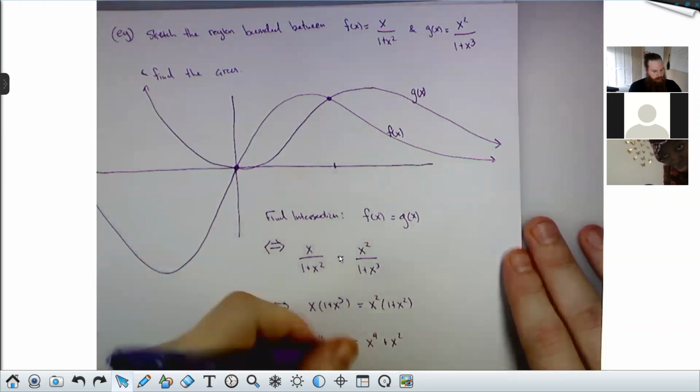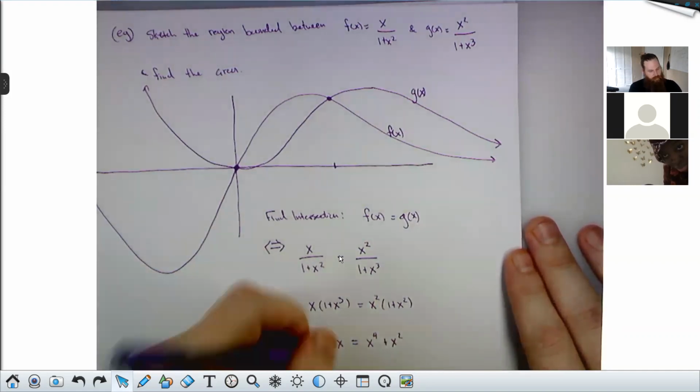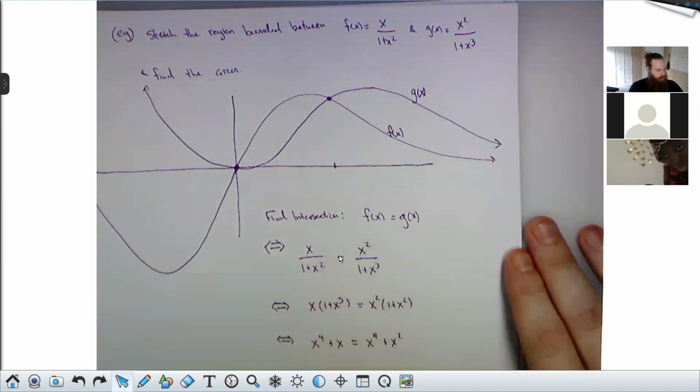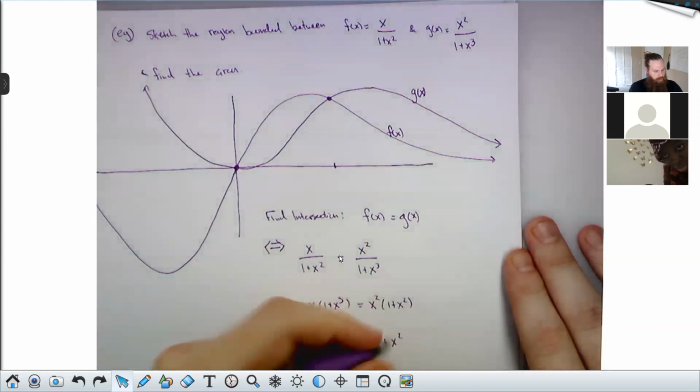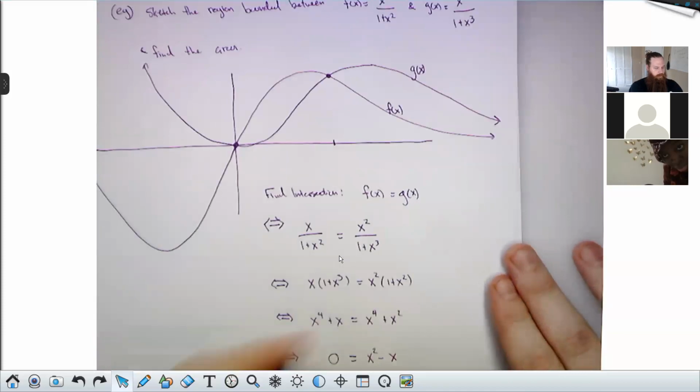Subtract x to the 4 from both sides, and you can subtract x from both sides. You get 0 equals, what do we get? X to the 4, those cancel. And then x squared minus x, which is the same as saying x times x minus 1. So yeah, this has two solutions, x equals 0, or x equals 1.